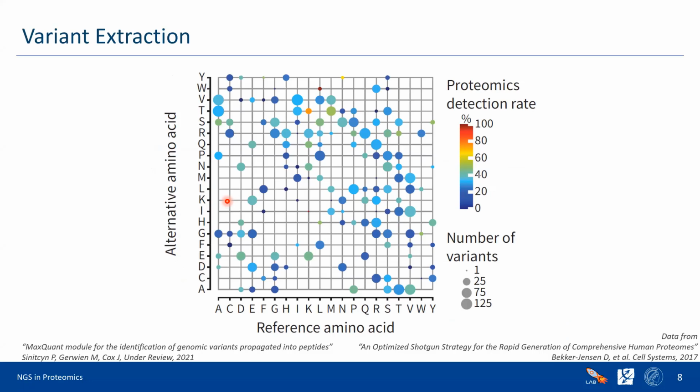Okay, but let's now look at all variants which we detected from the perspective that we have a reference amino acid and an alternative amino acid. First question: how many transversions do we actually detect, like variations from one amino acid to another amino acid?